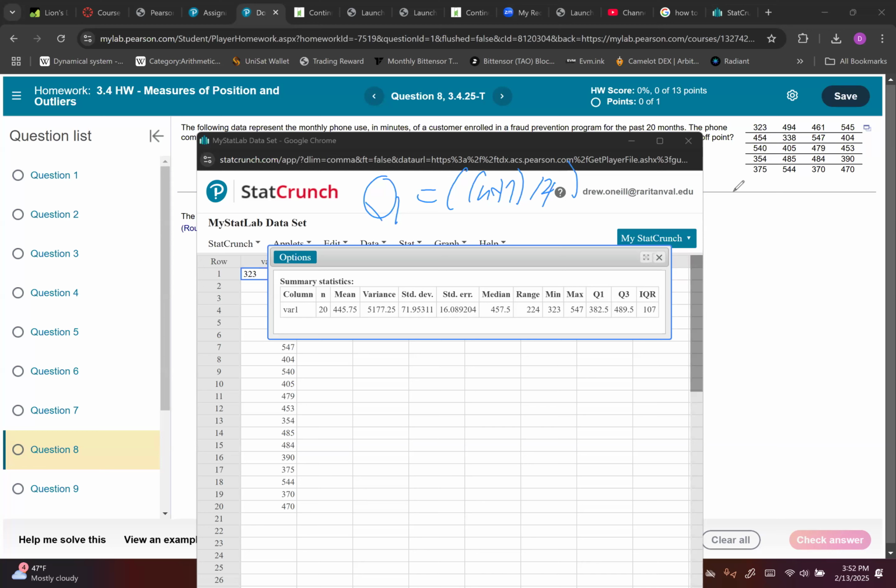So for this, it'd be 21 divided by 4, which is 5.25. So it's the midpoint between the fifth and sixth term. Okay. And this, they already calculated for us: 32.5. And the formula for the lower fence to determine outliers as well is Q1 minus 1.5 times interquartile range.